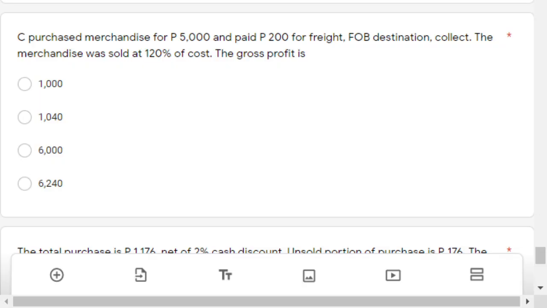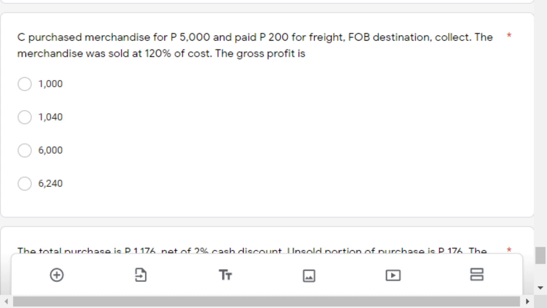Yung sa purchased merchandise na given, 5,000, tapos nagbayad tayo, which is dapat hindi. Pero hindi na natin yan ima-mind. FOB destination, si seller dapat yung mag-record ng freight niyan. So, wala tayong pakialam. Ibig sabihin yung cost na natin dyan is 5,000.